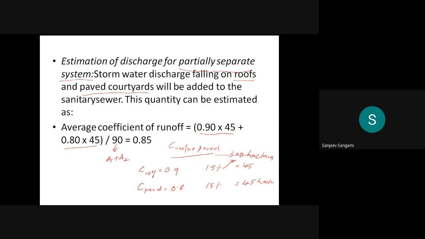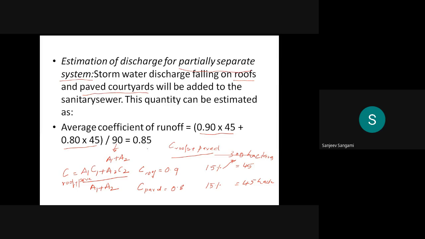You have to use the same formula, that is C equals A1 C1 plus A2 C2 divided by A1 plus A2. This is the C of your roof plus pave.